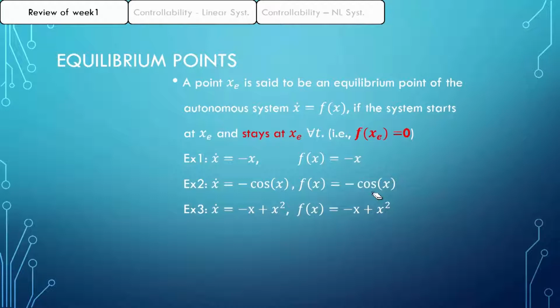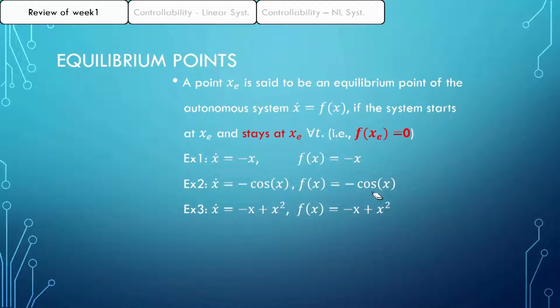How you take care of these equilibrium points is a critical topic, because not every equilibrium point is stable or unstable. But before we take care of the stability of the equilibrium point, we need to find where the equilibrium points are, given the system dynamics.